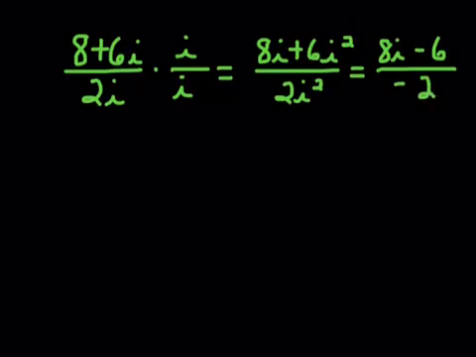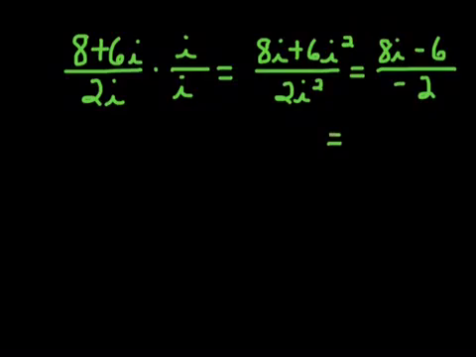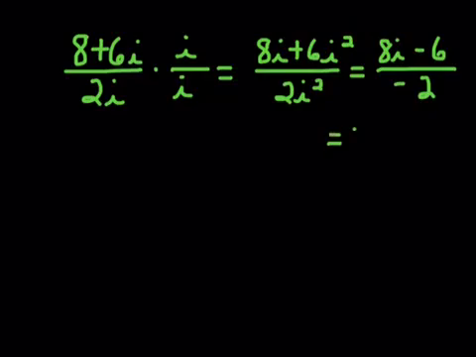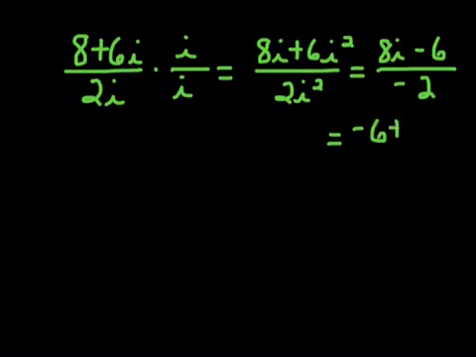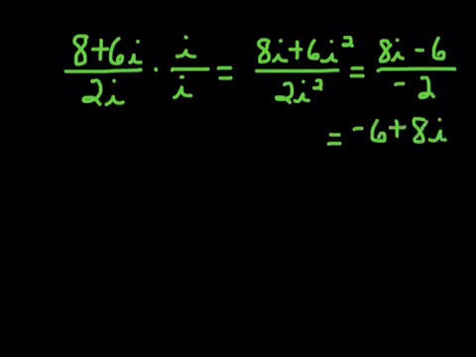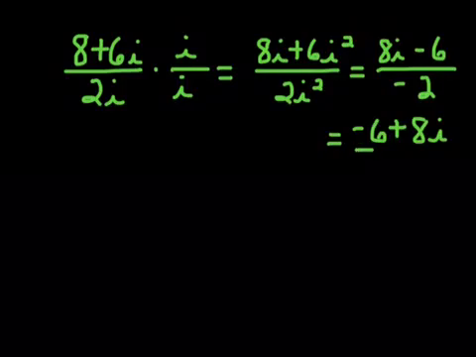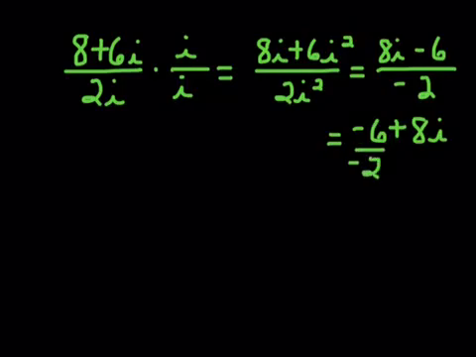Okay, let's pull it apart and rearrange the top to be in a plus bi form. Negative 6 plus 8i. Negative 6 is over the negative 2, and the 8i is over the negative 2. Negative 6 divided by negative 2 is positive 3. 8 divided by negative 2 is negative 4i.